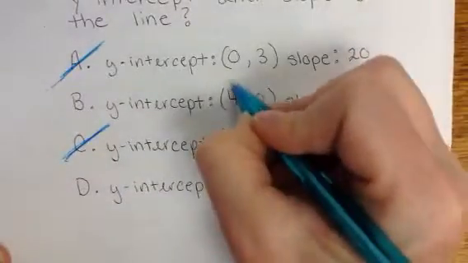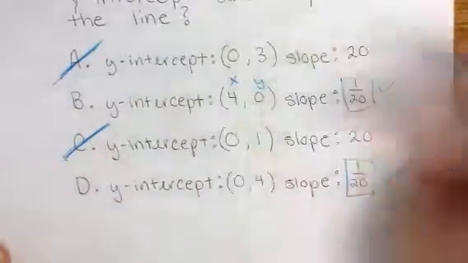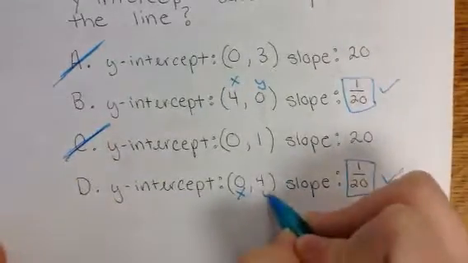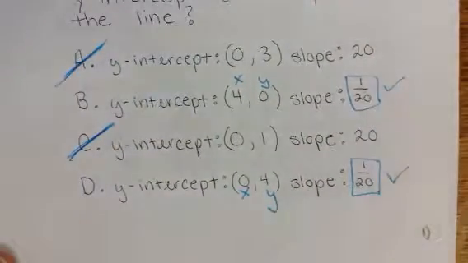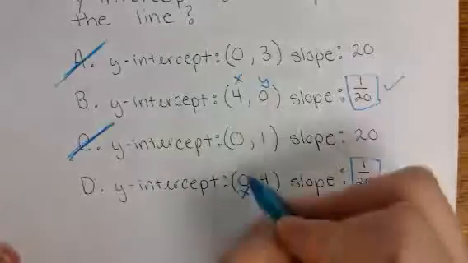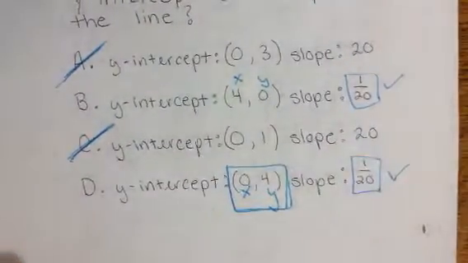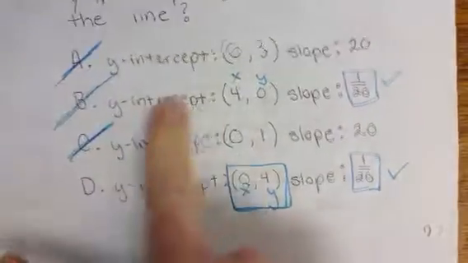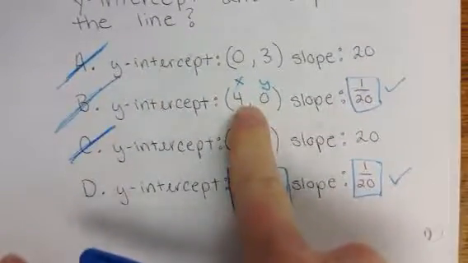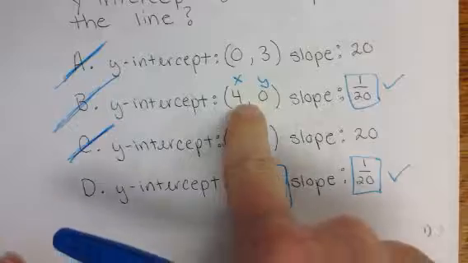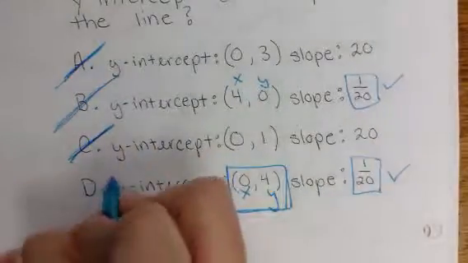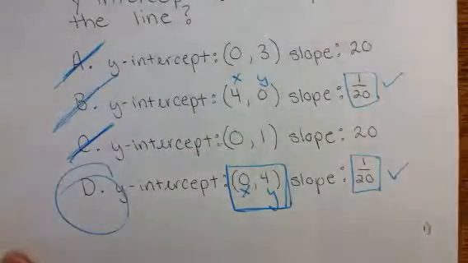An ordered pair gives me an x and then a y, an x and then a y. So the one that has the correct y-intercept has to have the x value of 0. That one on B would be on the x-axis. That is not a y-intercept. So the correct answer on number 18 is answer choice D.